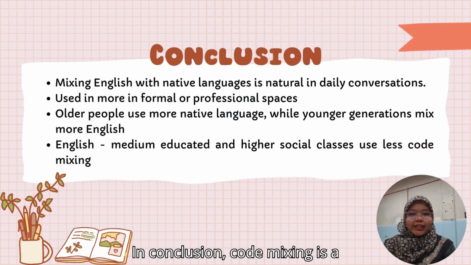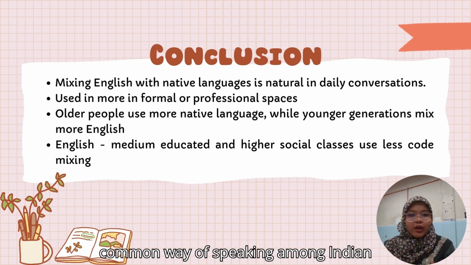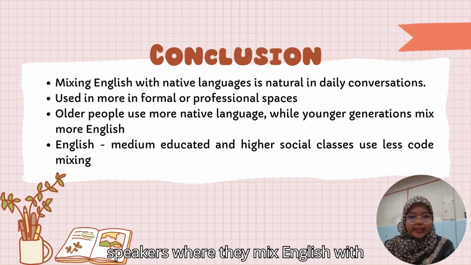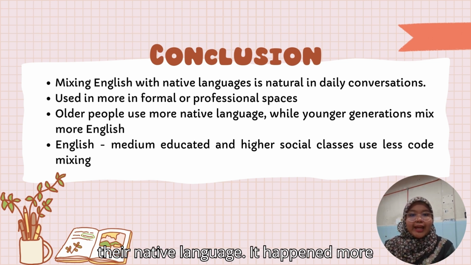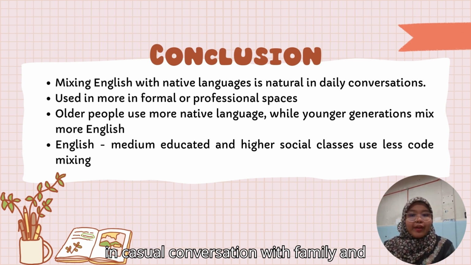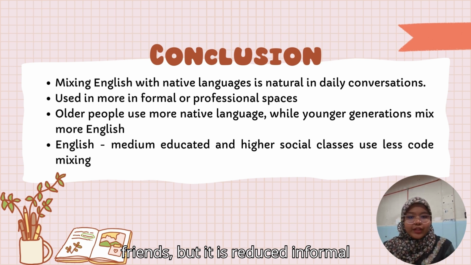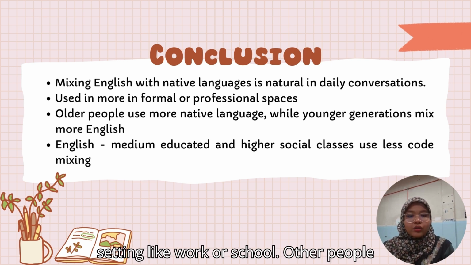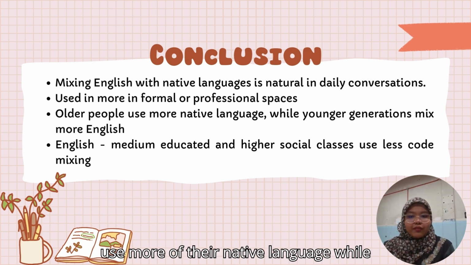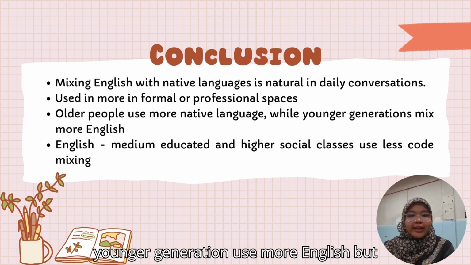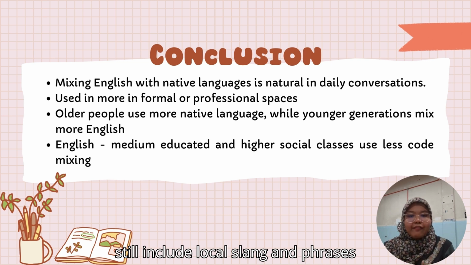In conclusion, code mixing is a common way of speaking among Indian speakers where they mix English with their native language. It happens more in casual conversation with family and friends, but it is reduced in formal settings like work or school. Older people use more of their native language while the younger generation use more English but still include local slang and phrases.